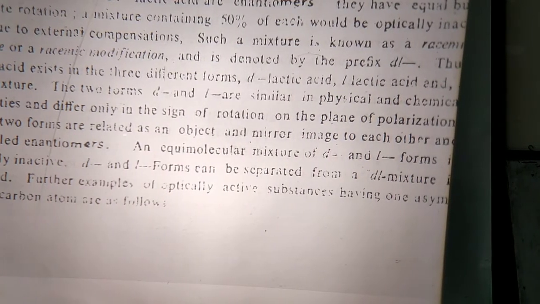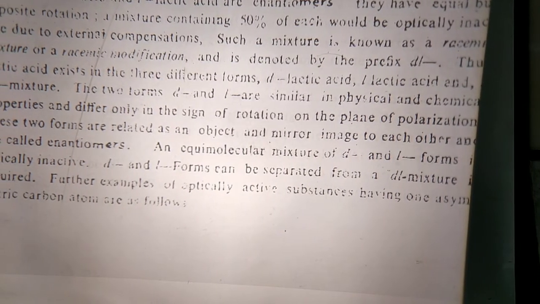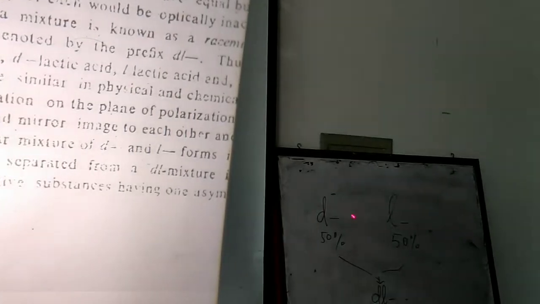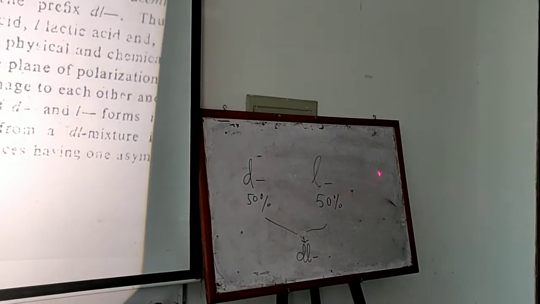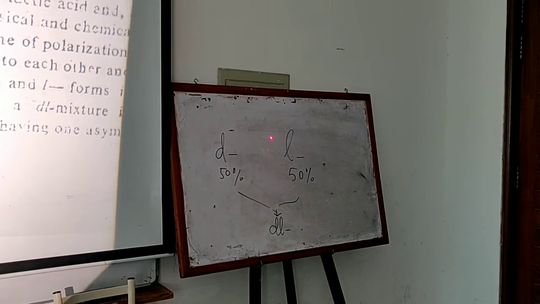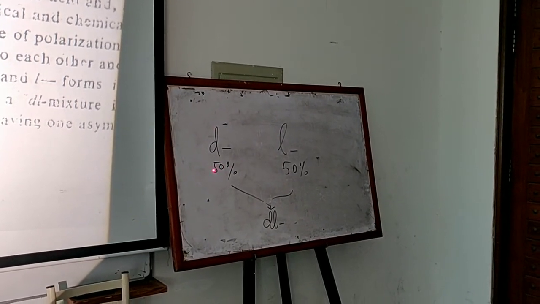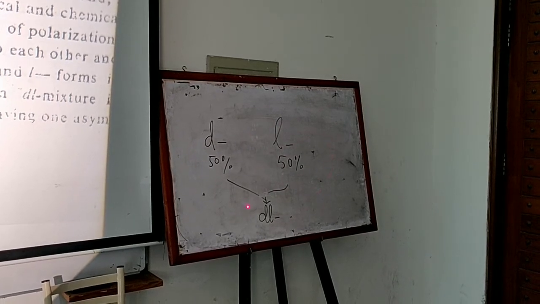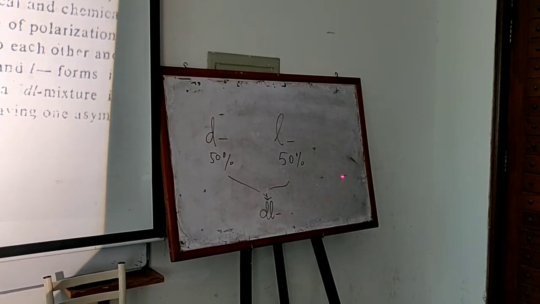The third form is a DL mixture, as I have denoted here: D form, L form, and DL form. This is one form of lactic acid, this is another form, and this is still another form of lactic acid.